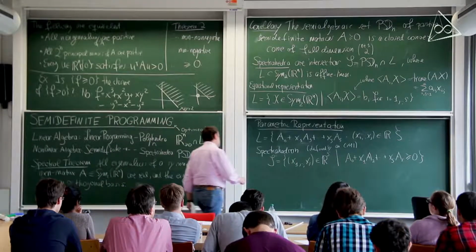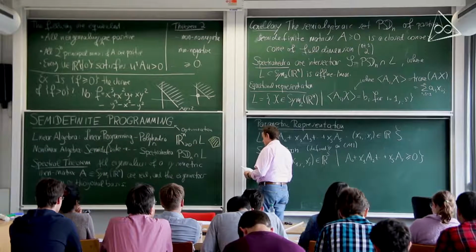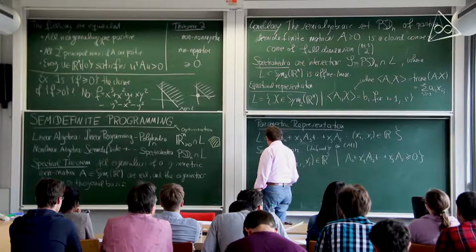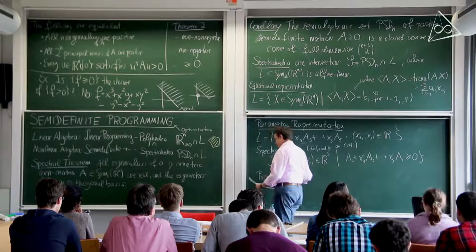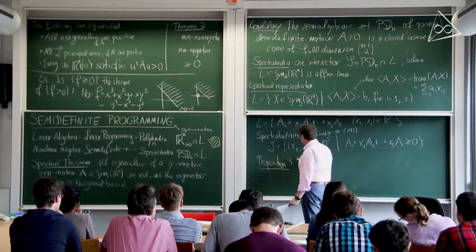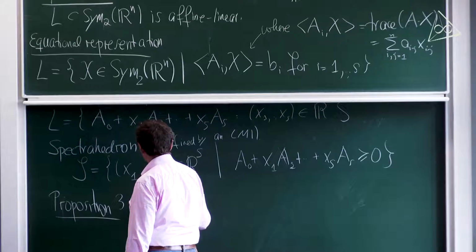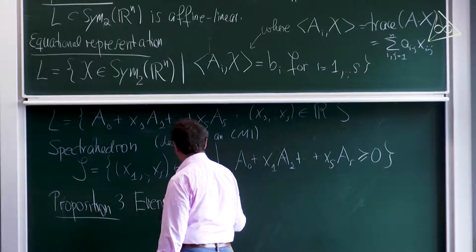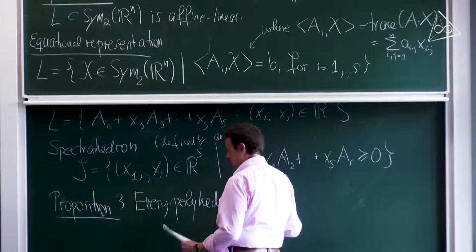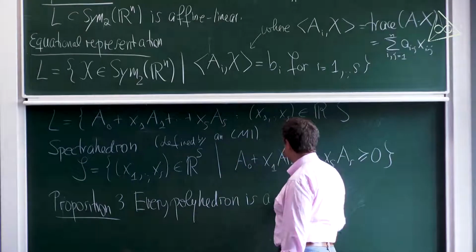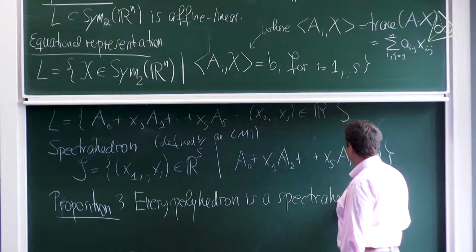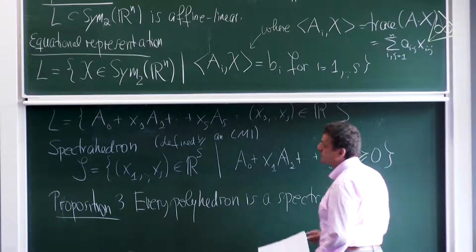Now let's remark that polyhedra are special cases of spectrahedra. So Proposition 3 says that every polyhedron is a spectrahedron. So this justifies this inclusion sign.